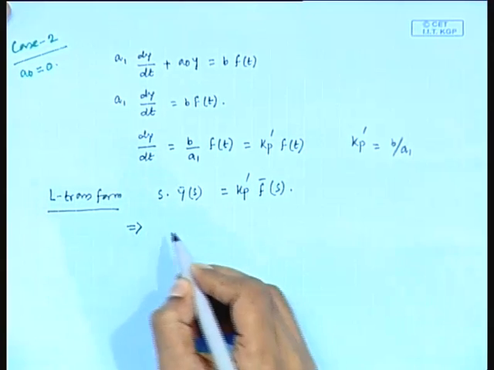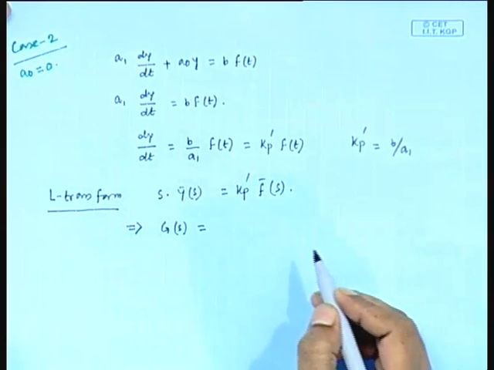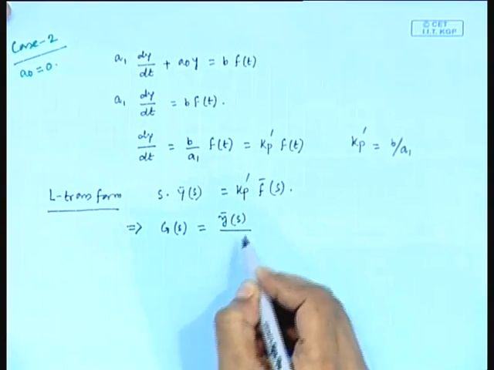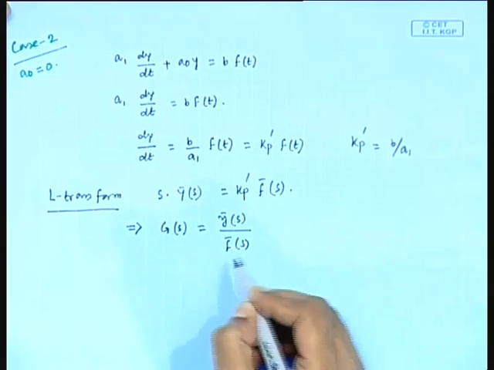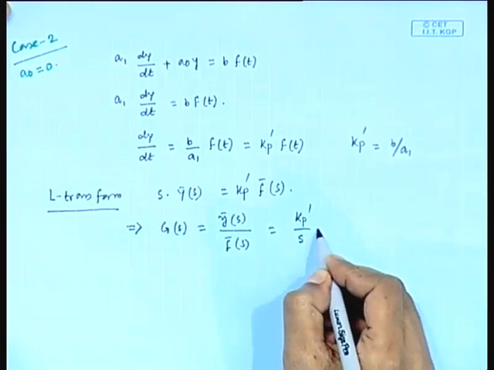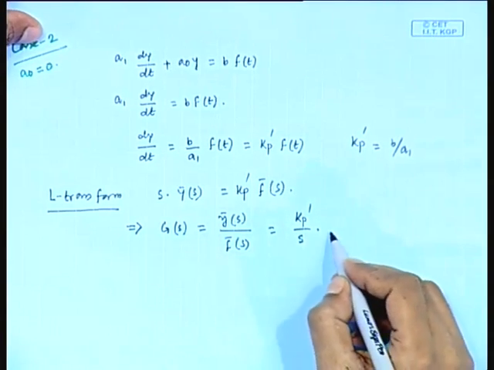Rearranging this form, we get the transfer function G s equal to y bar s divided by f bar s equal to Kp prime divided by s. Fine. So, this is the transfer function of a first order system when we consider A naught equal to 0.